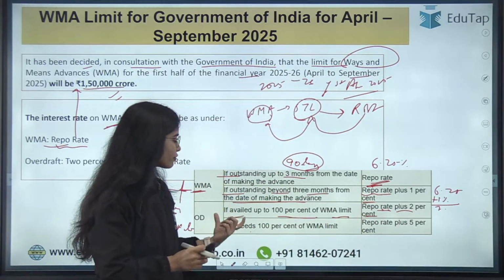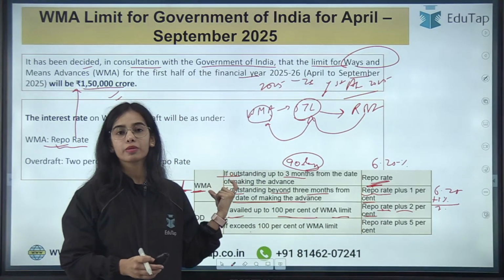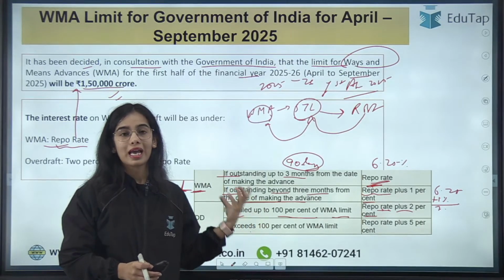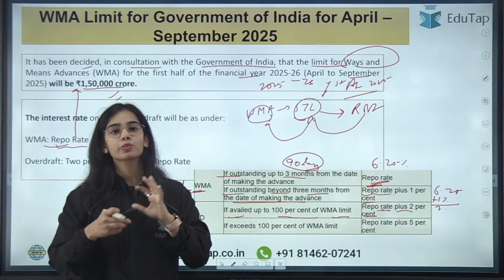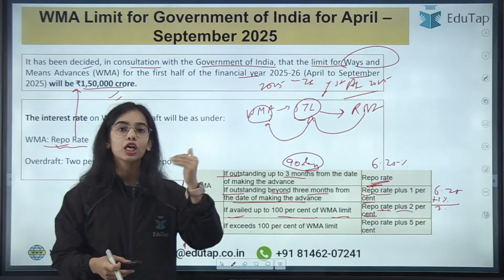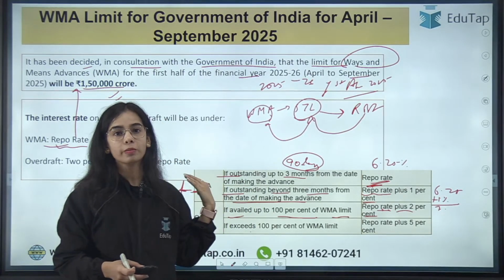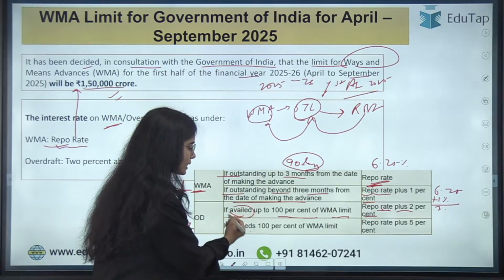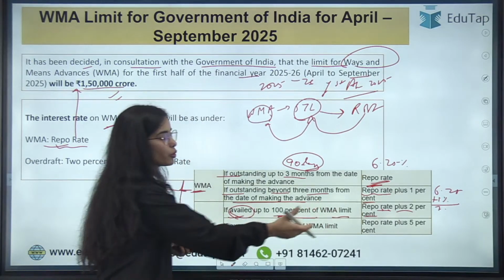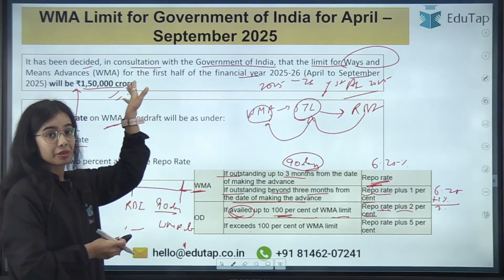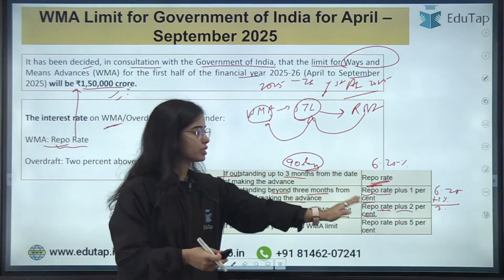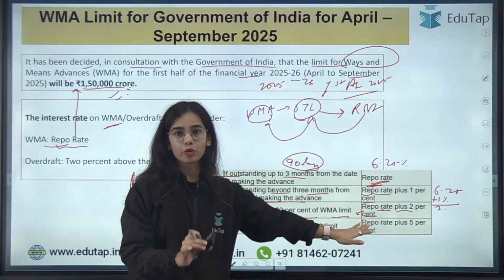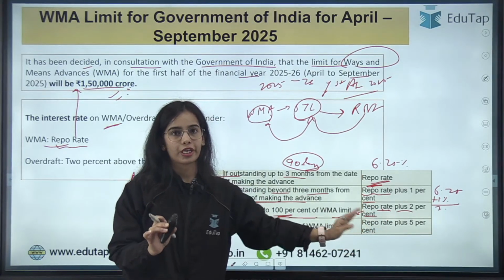Okay, so overdraft can only be availed in special conditions. If the government is taking the extra money from the RBI, and this overdraft is taken up to the 100% of WMA limit, then the interest rate that will be charged is repo rate plus 2% on the overdraft.